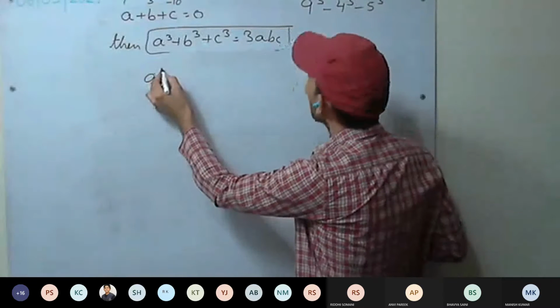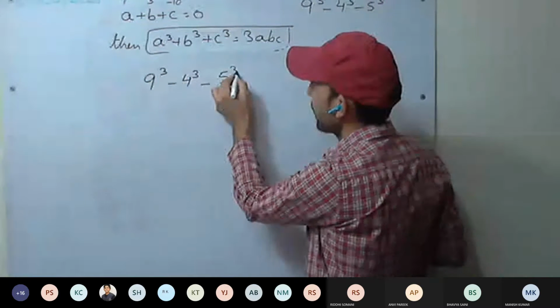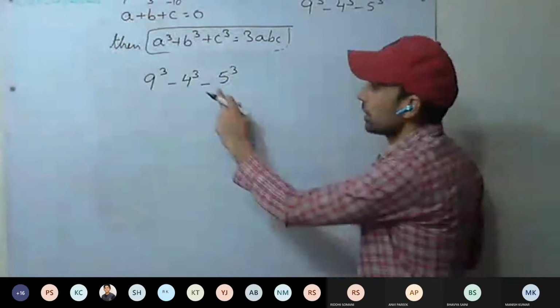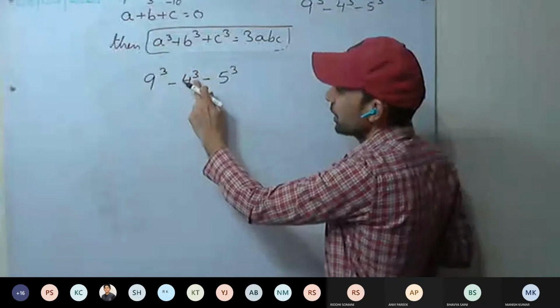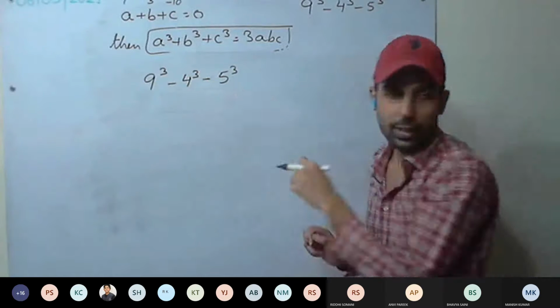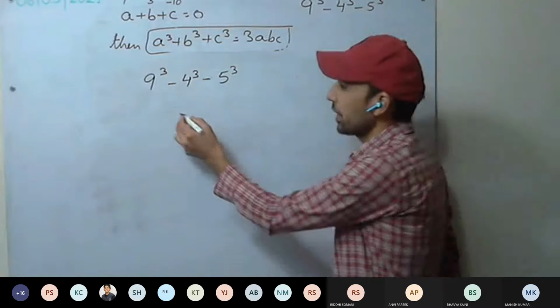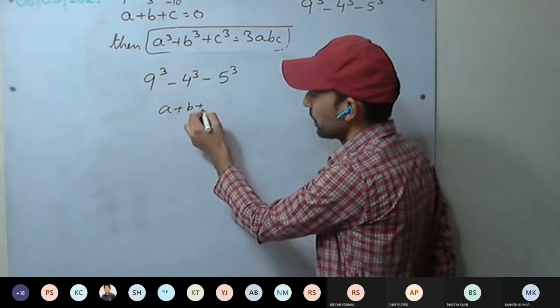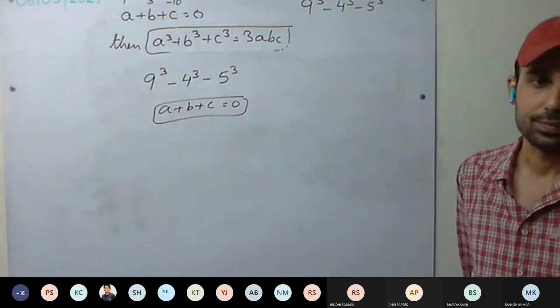You have to solve 9 cube minus 4 cube minus 5 cube. And the form was a cube plus b cube plus c cube, but here we are having minus. How are we going to do it? Is a plus b plus c equal to 0 for this equation?